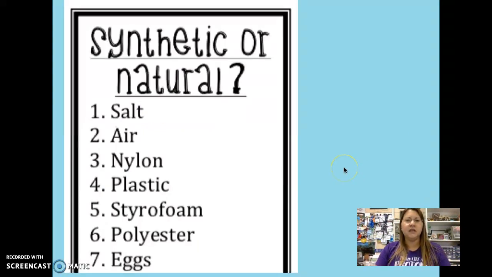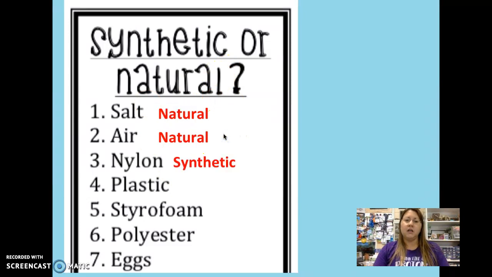Let's look at a couple different things that are synthetic or natural that you may be familiar with. Salt. Salt is natural. Salt is found in the ocean. Sodium chloride. Air. Lots of different things in the air. We know there's nitrogen, there's oxygen, there's lots of other elements that are in smaller amounts. Air is natural. Nylon is synthetic. It's a material that is used in stockings, it's used in shirts, a lot of different things, kind of a slick feel to that material.